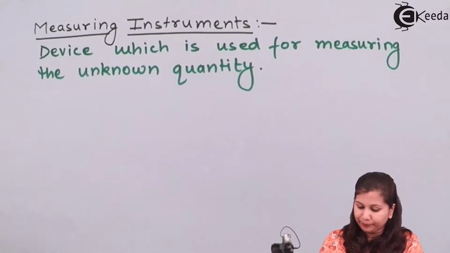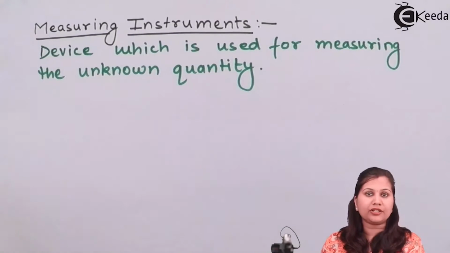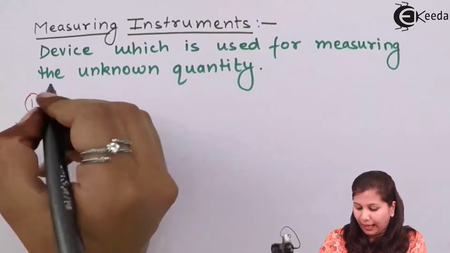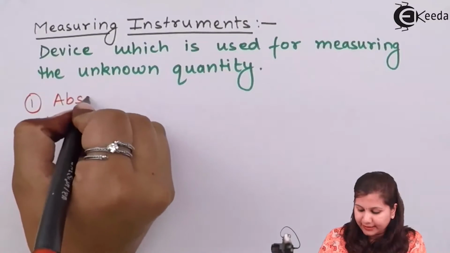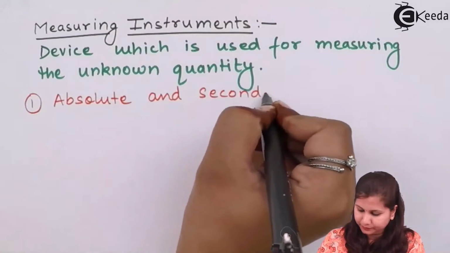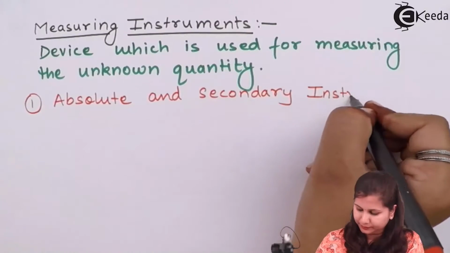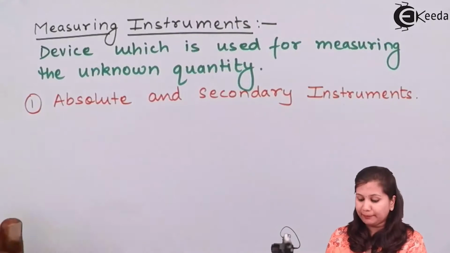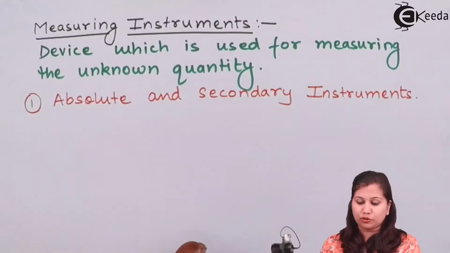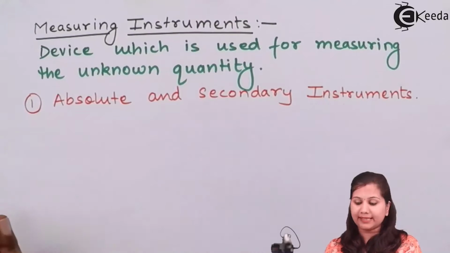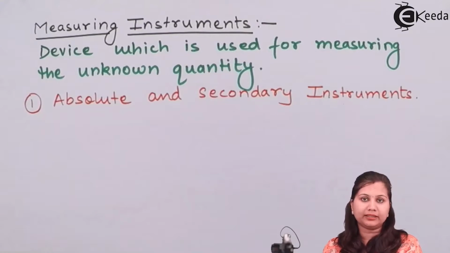The first classification of measuring instruments is absolute and secondary instruments. This classification is on the basis of what method they are using.